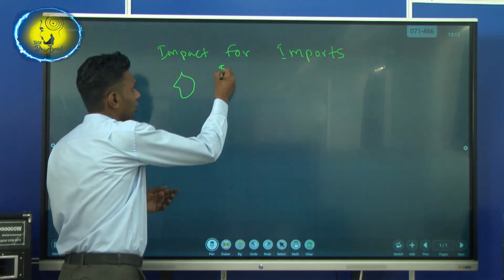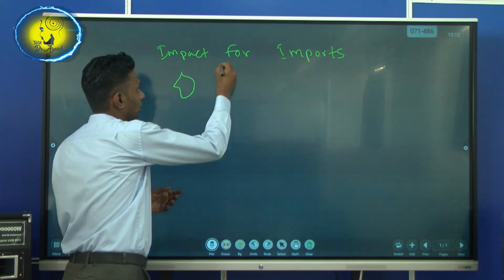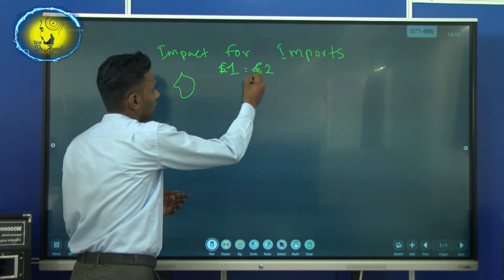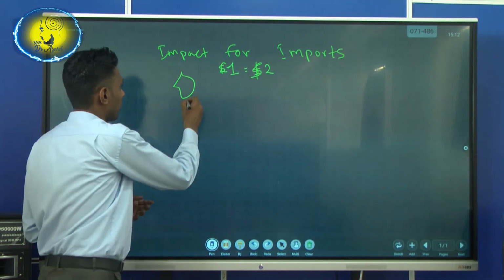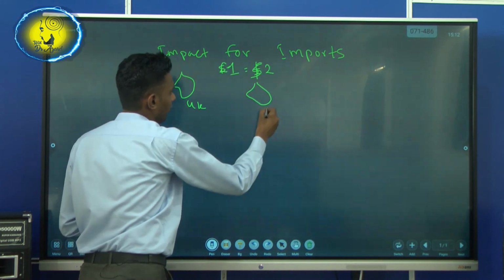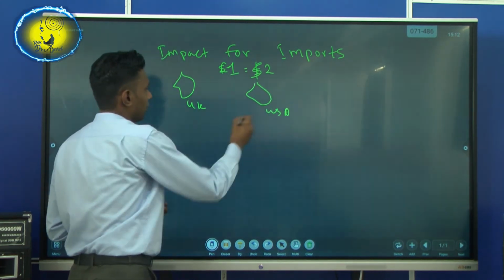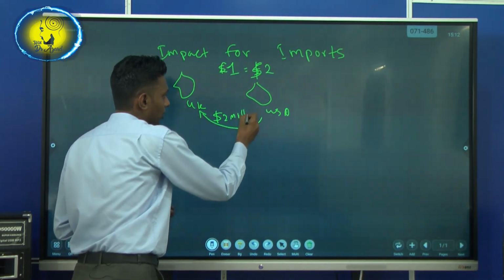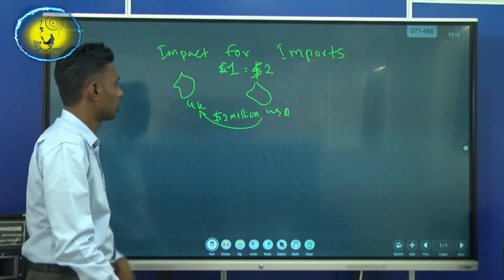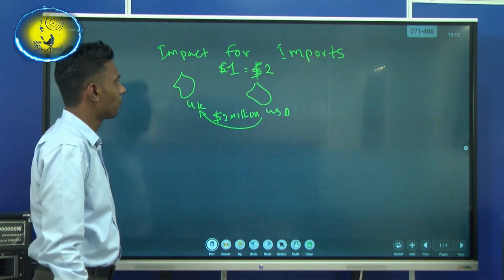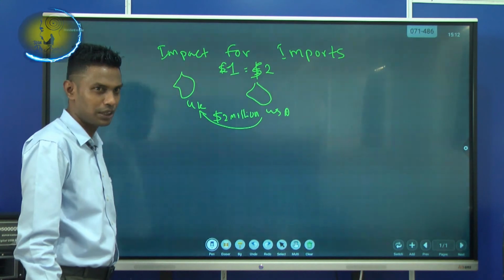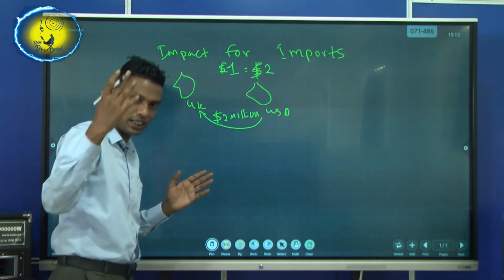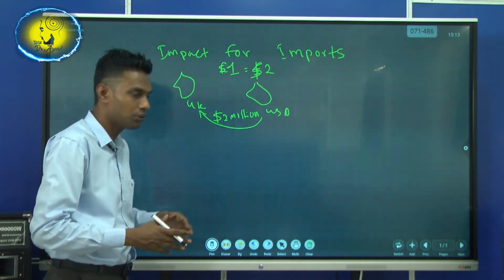now due to 1 pound equals $2, the USA is sending the United Kingdom goods, which is 2 million US dollars. How many pounds are needed to convert it to import goods from the United States of America, which is 2 million US dollars?